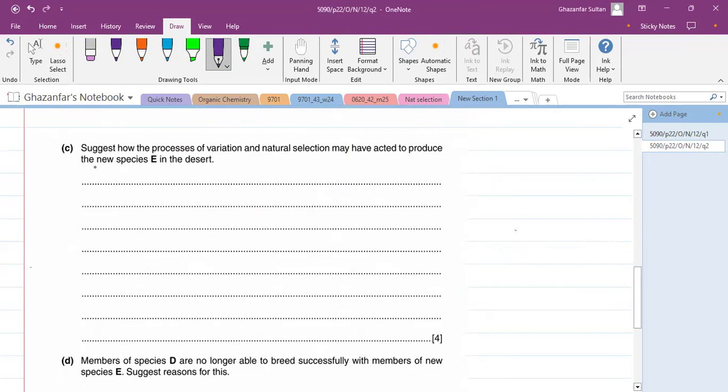Number one, as the environment changed, it may cause certain variations.